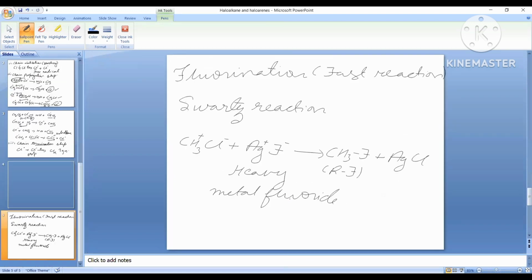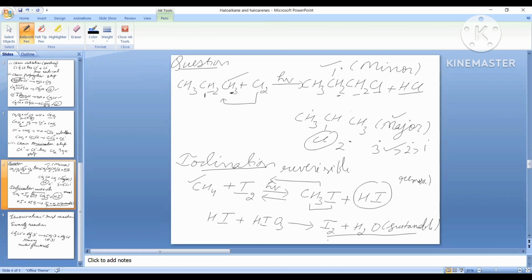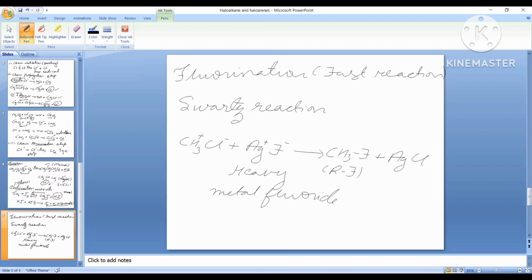Next reaction is fluorination. It is a fast reaction, and iodination is a slow reaction. Fluorination also doesn't take place directly. RF doesn't form directly because it is a very fast reaction. So a reaction known as the Swarts reaction takes place: CH3Cl plus AgF.